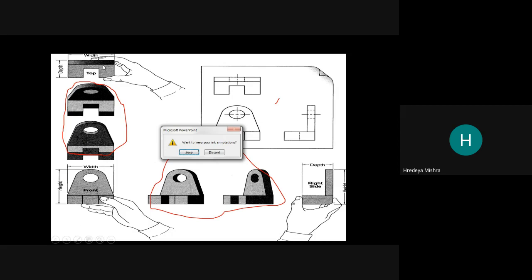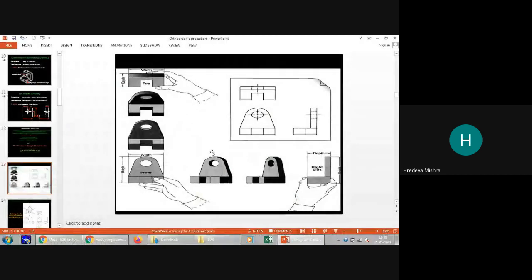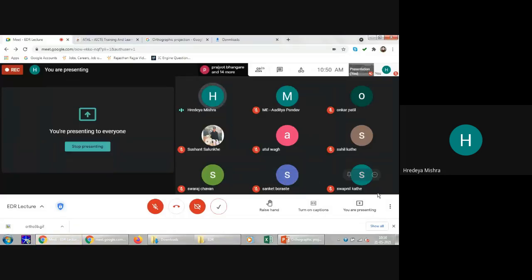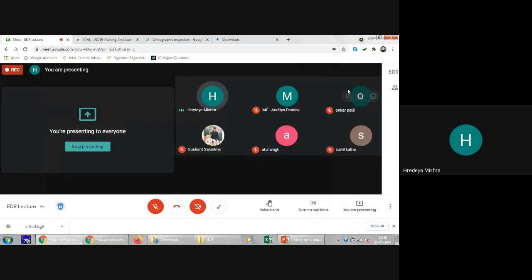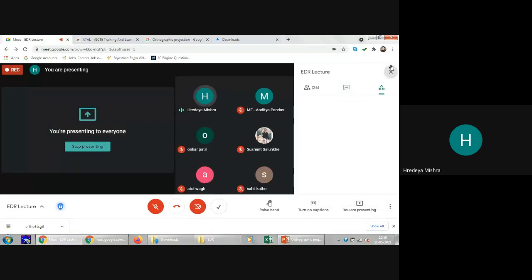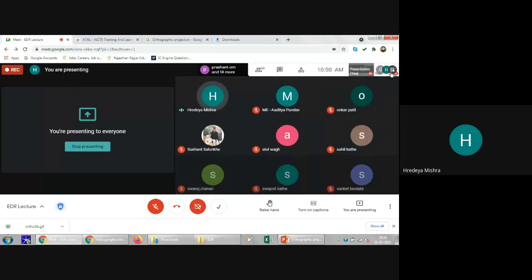From this you can understand how we are going to solve the orthographic projection problem.